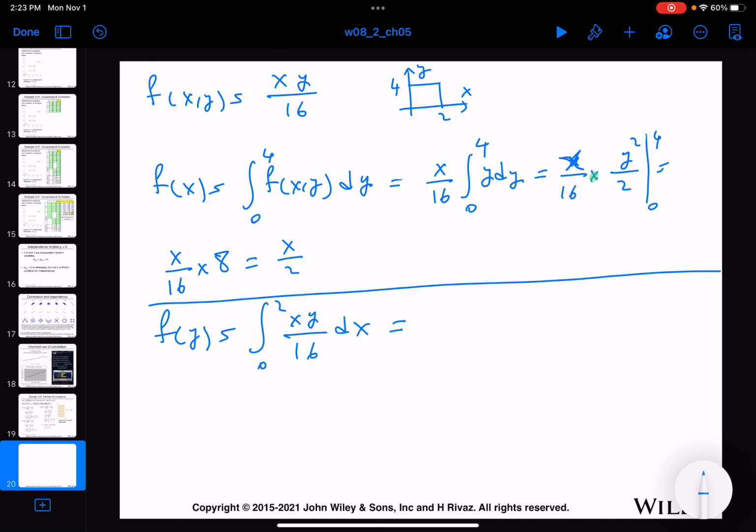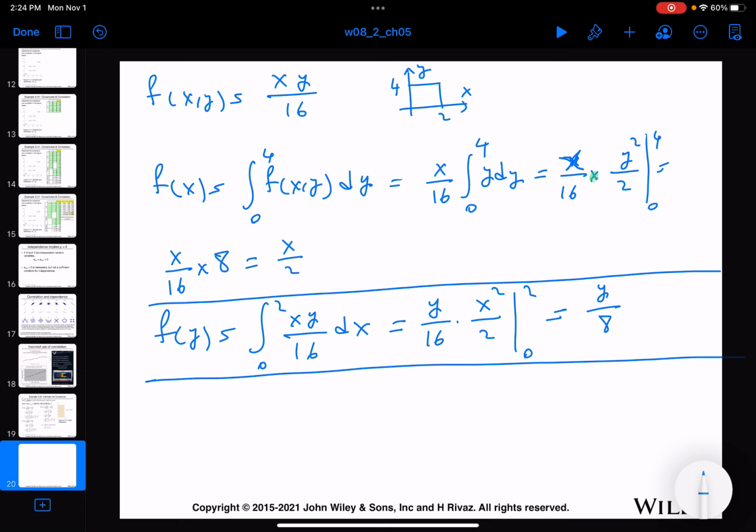And this is going to be y divided by 16 times x squared divided by 2 from 0 to 2, and that's 4 divided by 2, that's 2, and that is y divided by 8, right? Any questions so far? Okay.